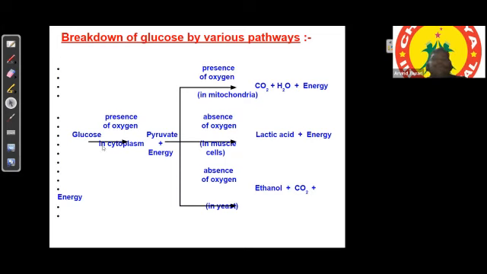Glucose gets converted to pyruvate, and on the basis of the presence of oxygen in mitochondria, aerobic respiration will occur. And here it is the presence of lactic acid. Here you can expect a question from the second one, that is in the muscle cells.